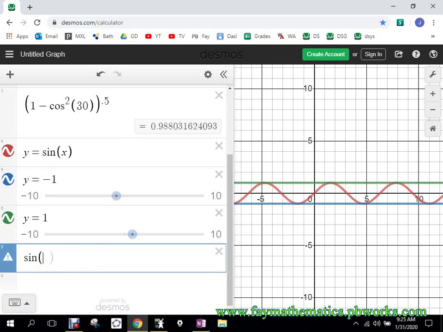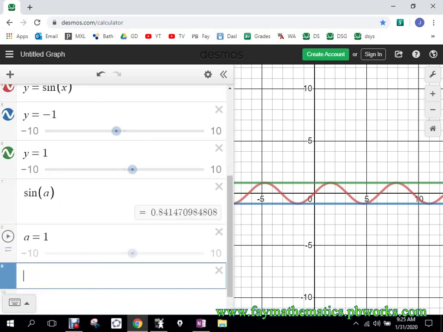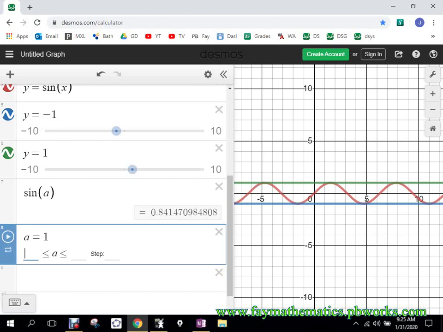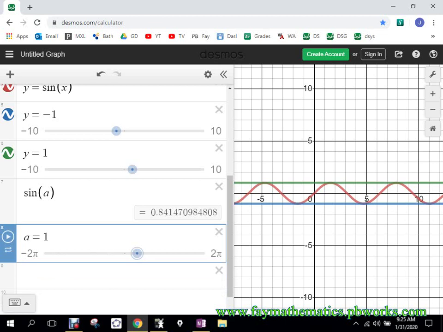So when I take sine of, let's say, alpha, and I let it go from negative 2 pi to 2 pi, because I'm in radians, so negative 360 to positive 360, or from negative infinity to positive infinity, no matter where I stop, the number is always going to be between -1 and +1.